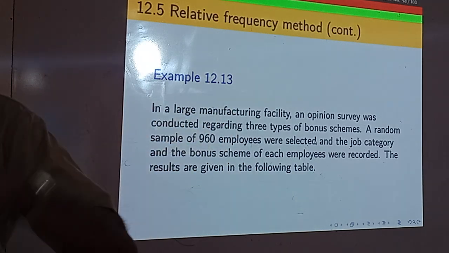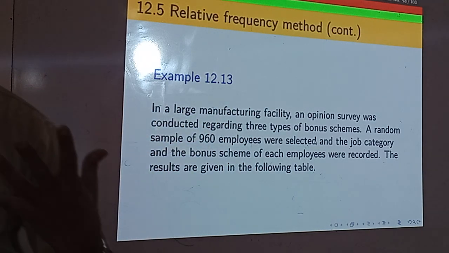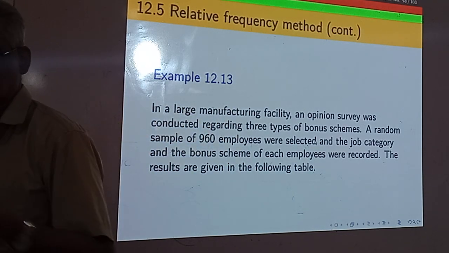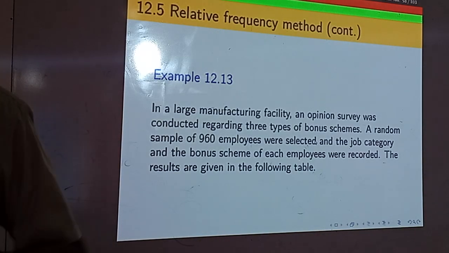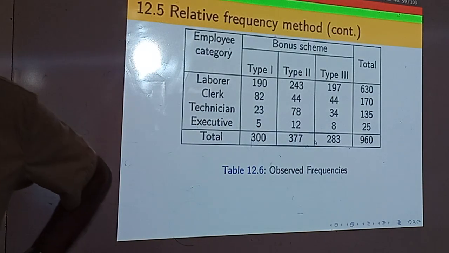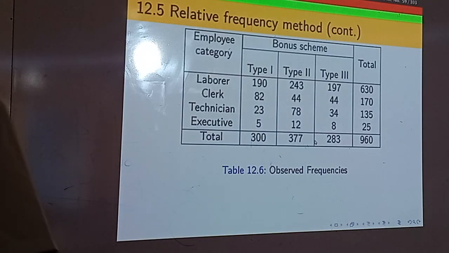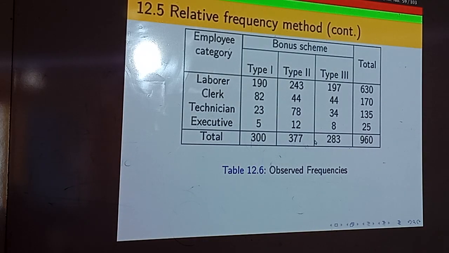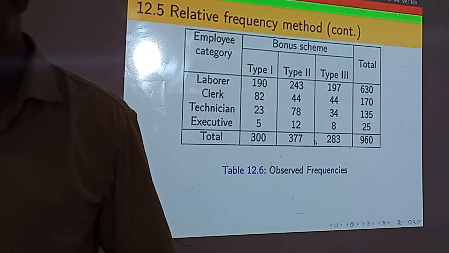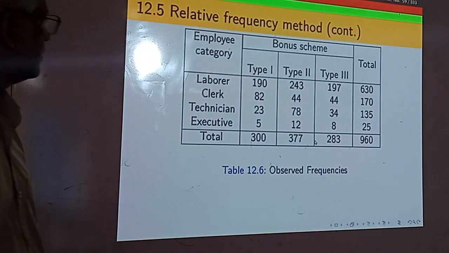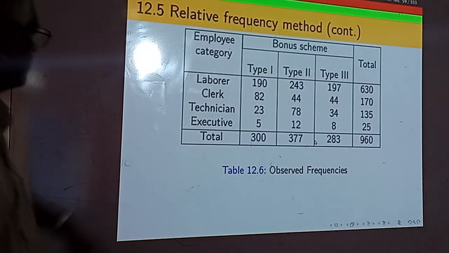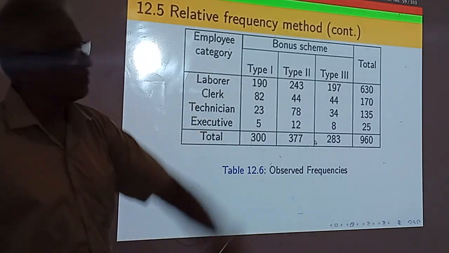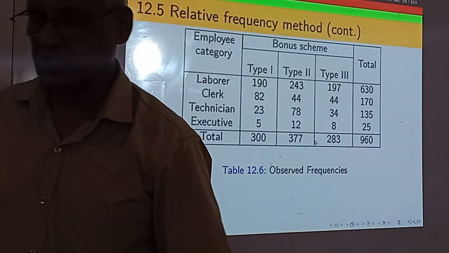So there are 3 bonus schemes, and everybody can select any bonus scheme. The results are given in the following table. This kind of table is called a contingency table or two-way table. This is a 4 by 3 contingency table.